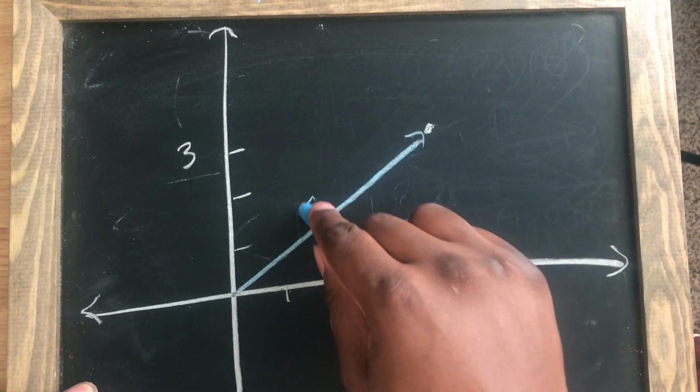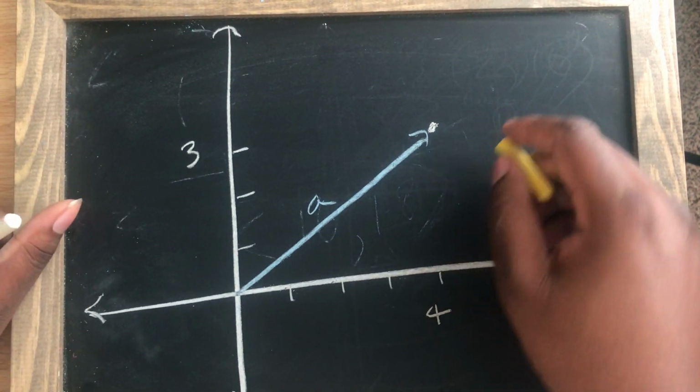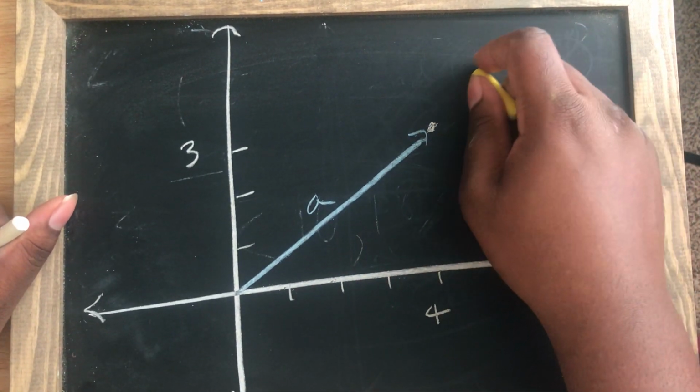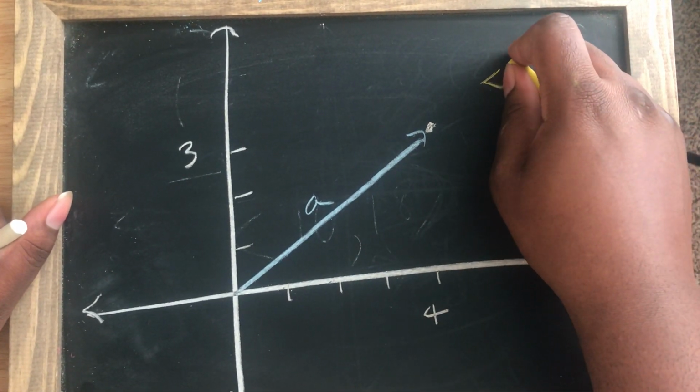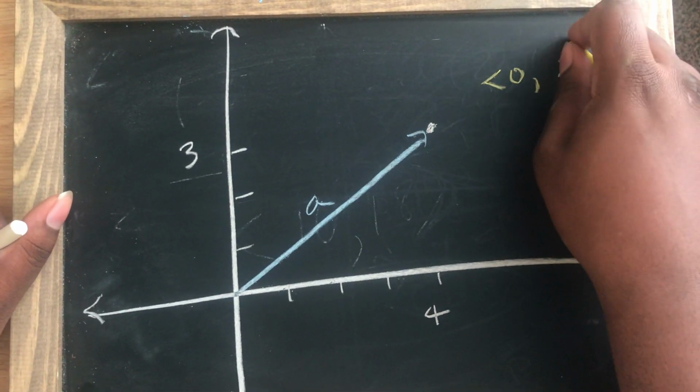It's our vector A. And let's say our vector B is the vector (0, 2).